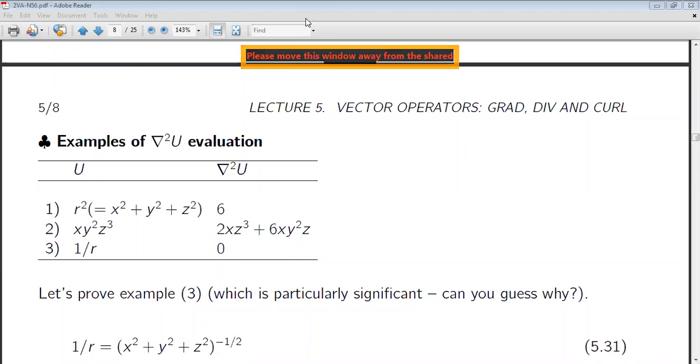Plus del square u by del y square is what? Twice y, so 2x z cube. Plus del square u by del z square will be 3z square, means 6z, na? Okay, 6xy square. So the answer is 2xz cube plus 6xy square. That is nothing but the value of the Laplacian operator.